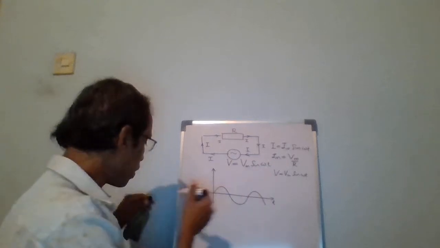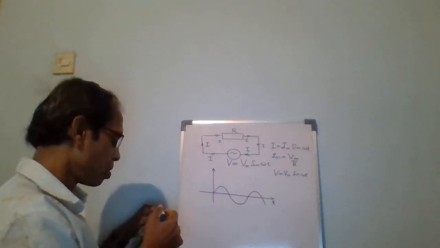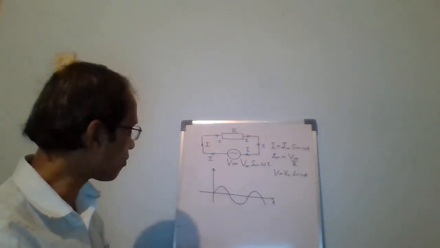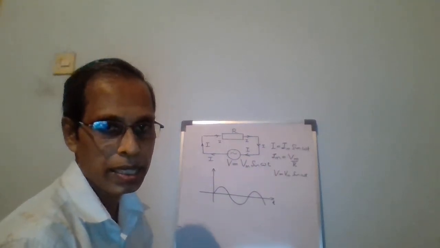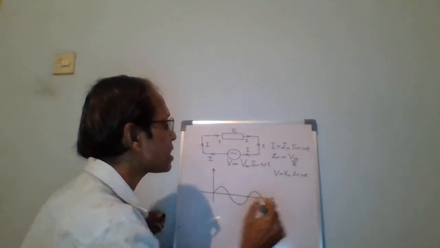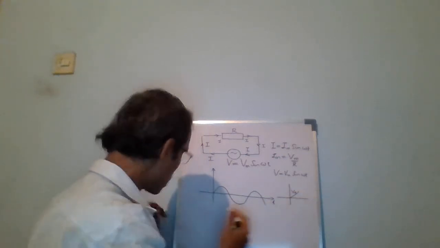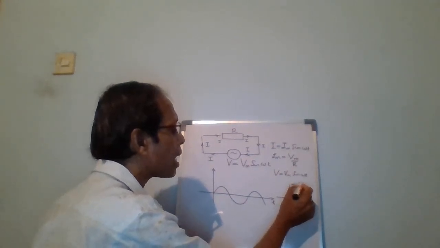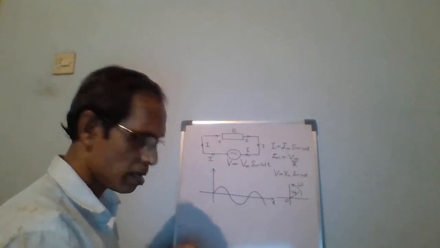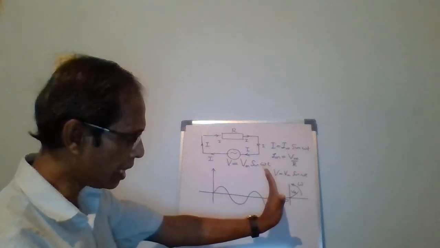Now how do we get this graph? We assume Vm is a radius rotating about its origin in a coordinate system like this, with an angular velocity omega, in the anti-clockwise direction.